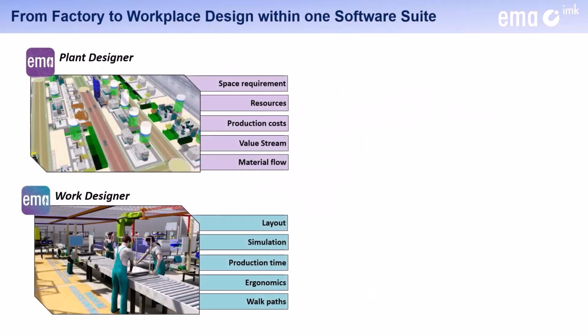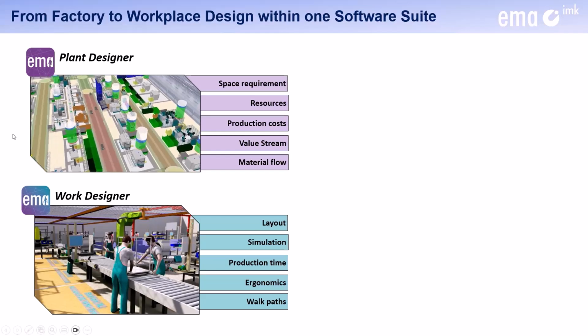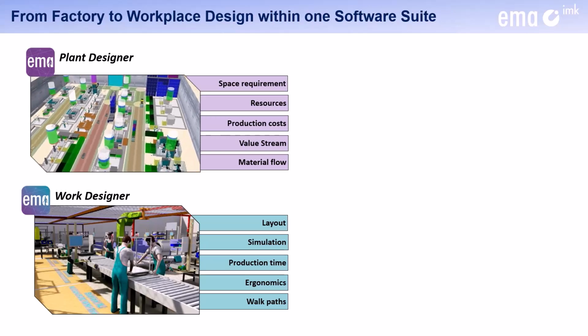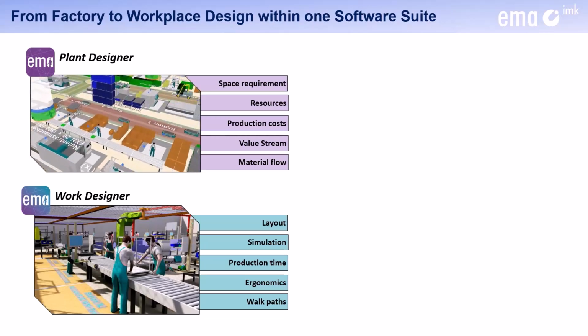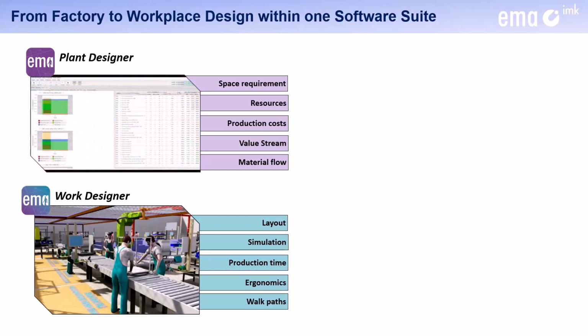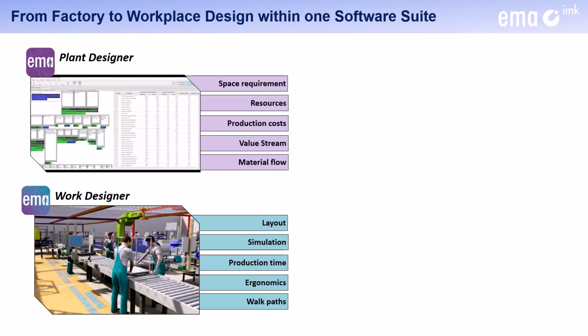But what is the EMA Software Suite all about? Very briefly, it contains two tools, but we will focus today on the EMA Work Designer. Only to complete everything, in our EMA Software Suite we have the so-called EMA Plant Designer on the macro level for factory planning, space requirements, resources, material flow simulation, value stream mapping, and so on.